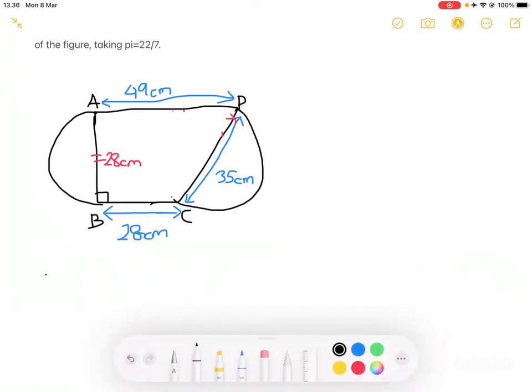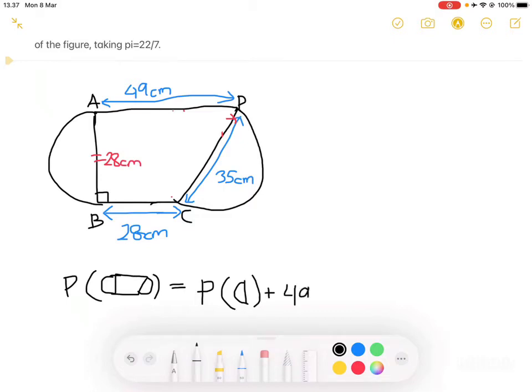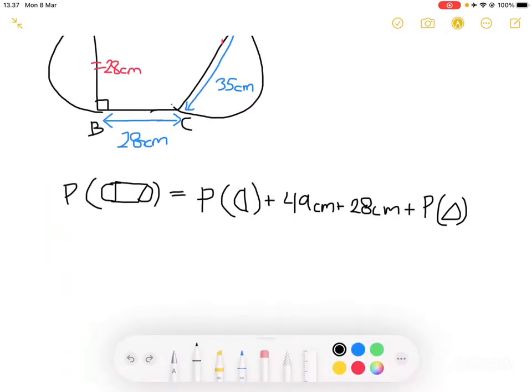So the perimeter of the whole thing, which looks like this, I'm just going to draw a mini diagram, will be the perimeter of this arc, this bit right here, plus 49 centimeters, plus another 28 centimeters, plus the perimeter of this arc right here. And we can calculate those very nicely.